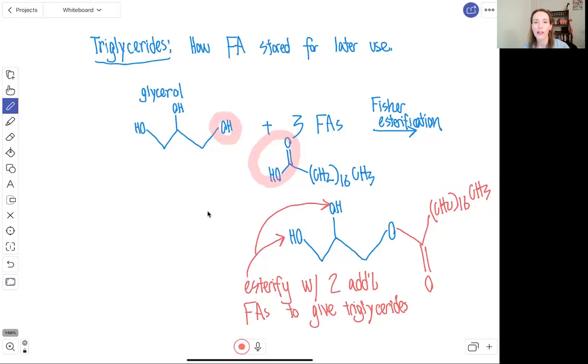Once triglycerides are formed, they are used to store and transport these fatty acids around the cell, taking them to the locations within the body where they can be used to form steroids and undergo other reactions to form the lipids that are necessary for a cell to function or necessary for the body to function. So they are an essential class of biomolecules.